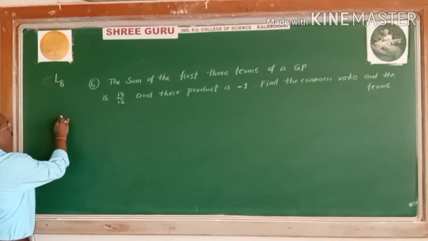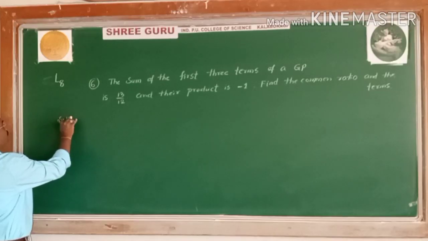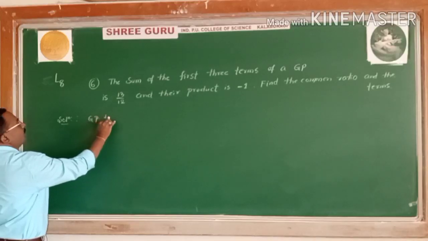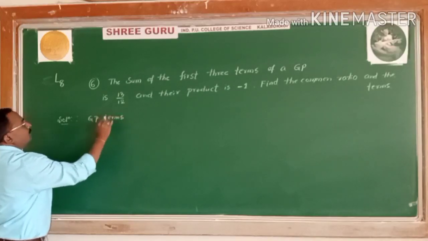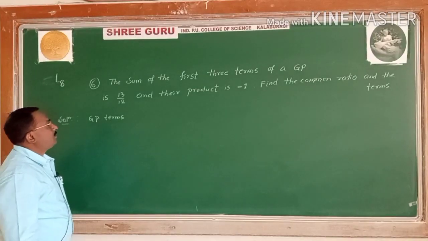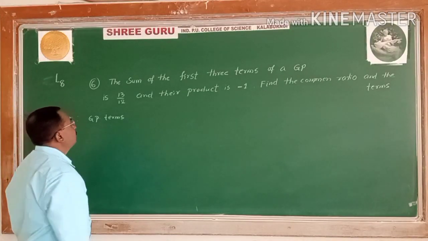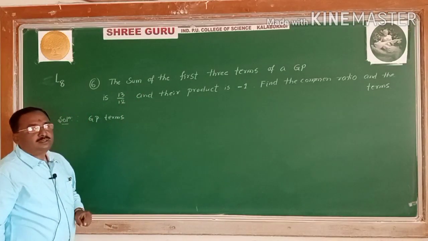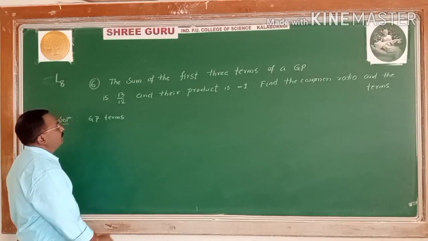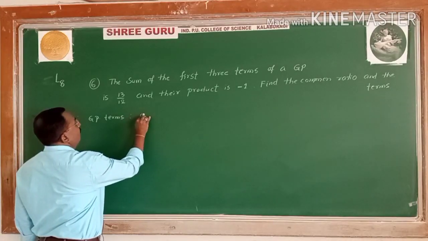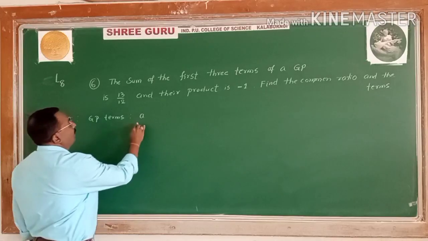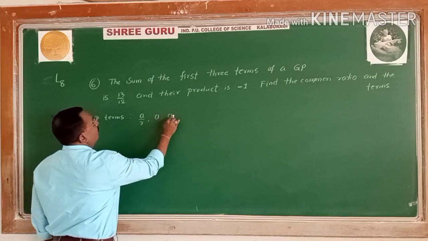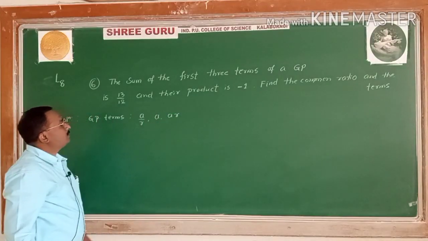Solution. That is GP terms, that is the sum of the first three terms, that is A by R, A, AR.